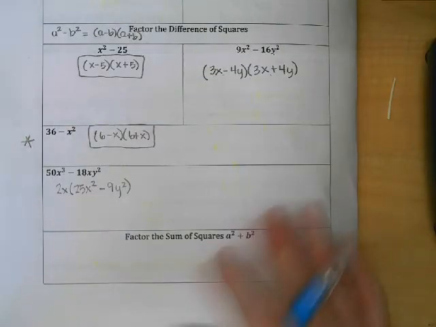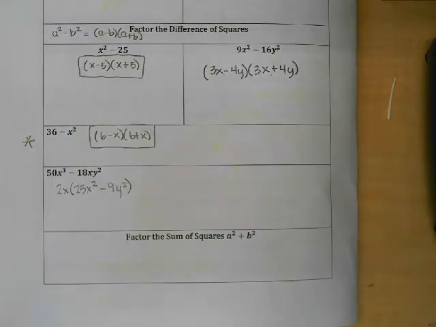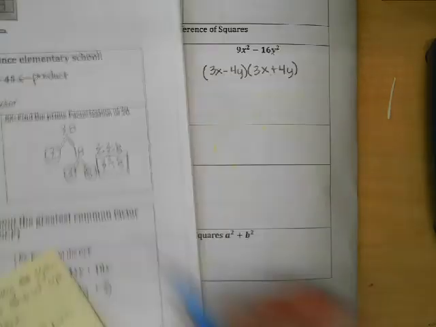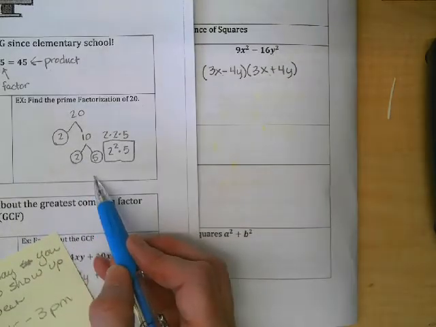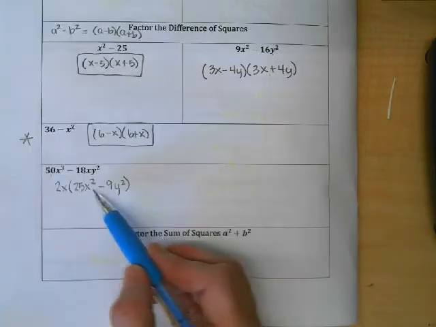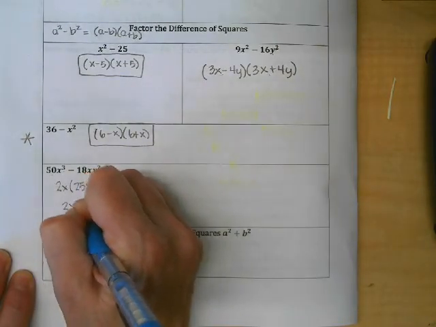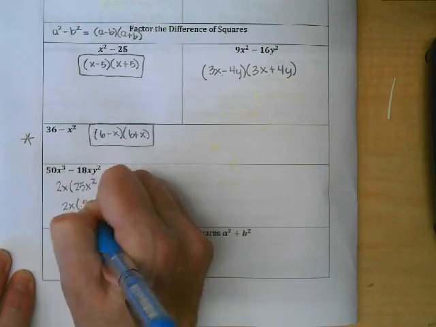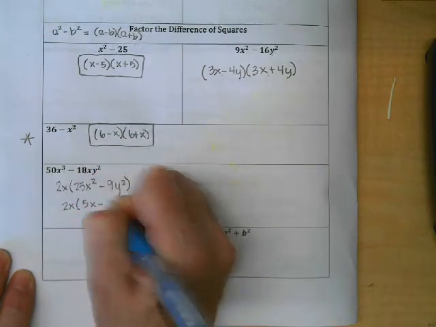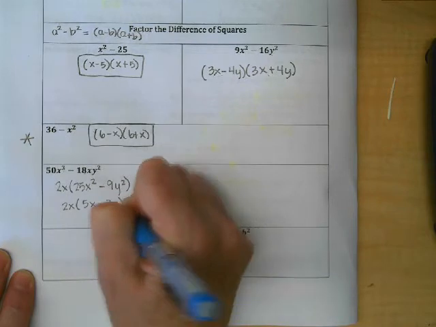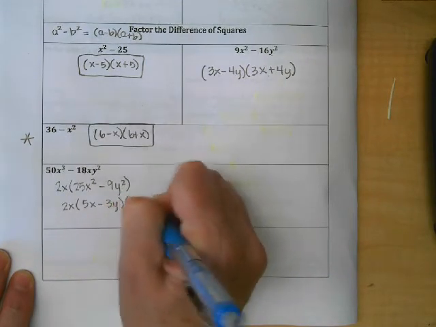Now, just like when we were on this problem, and we had to keep on going, we have to keep on going. That is the difference of squares. So don't forget to bring this 2x down, and then we get 5x minus 3y, 5x plus 3y.